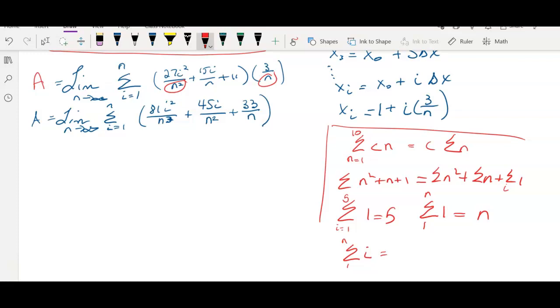This one, because I put an i there, is 1 plus 2, then plus 3, then plus 4, then plus 5. You see the difference? If you're summing 1, you're just summing the number 1 five times. But if you're summing i, that i changes for each iteration, so it becomes 1 plus 2 plus 3 plus 4 plus 5.